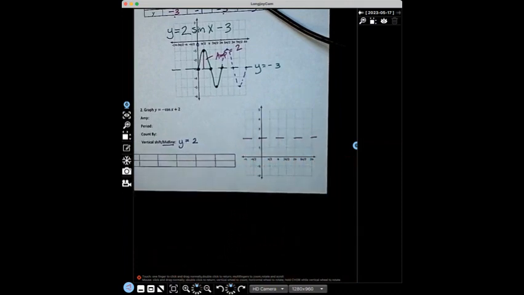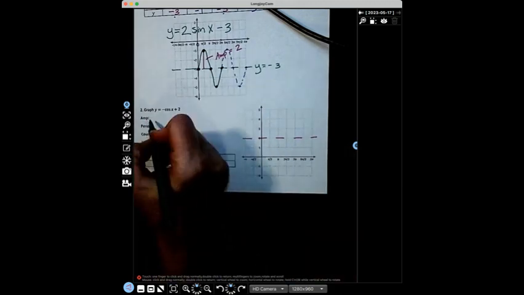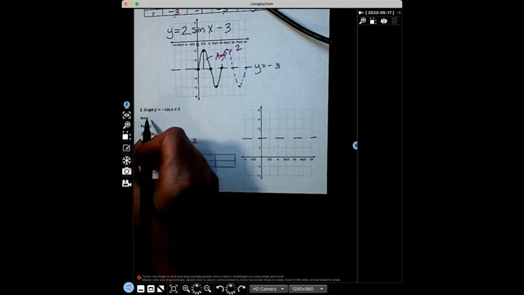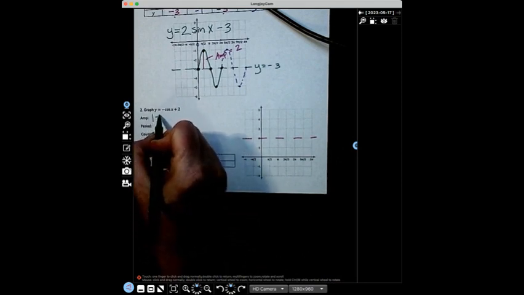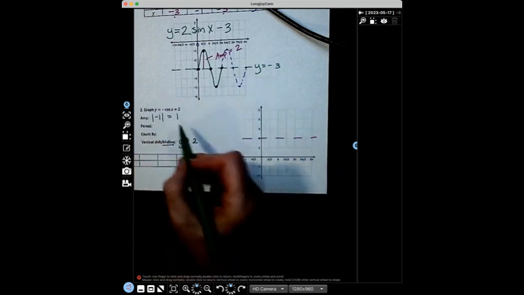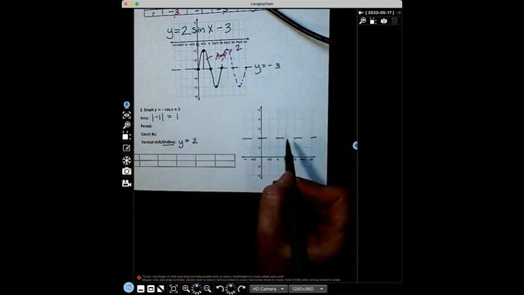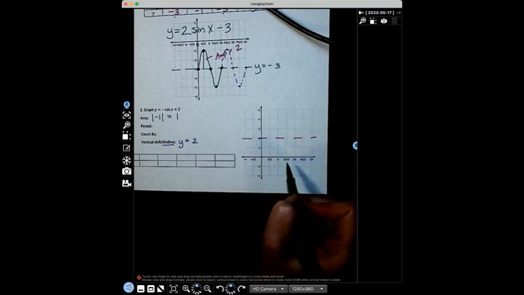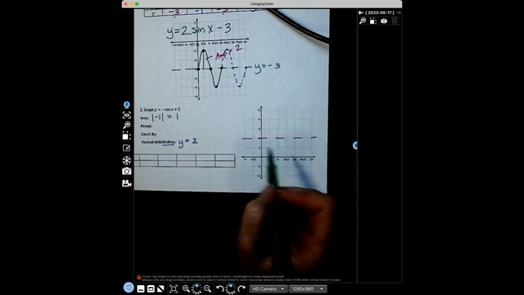Okay? Now, amplitude. Well, amplitude has to do with A. So the amplitude is the absolute value of A, which equals 1. Which means the max will be added to the midline, 1. The minimum value will be subtracted from the midline.